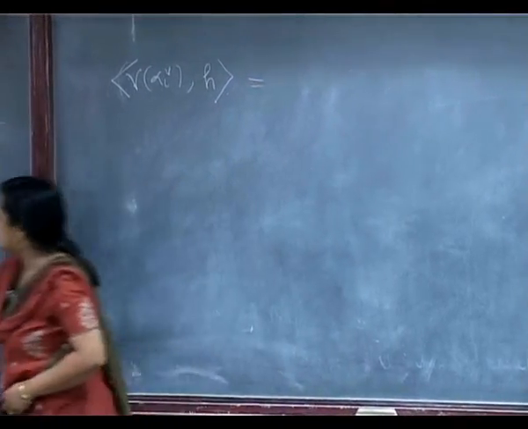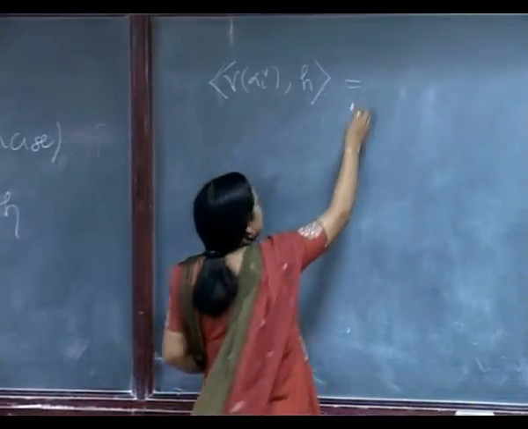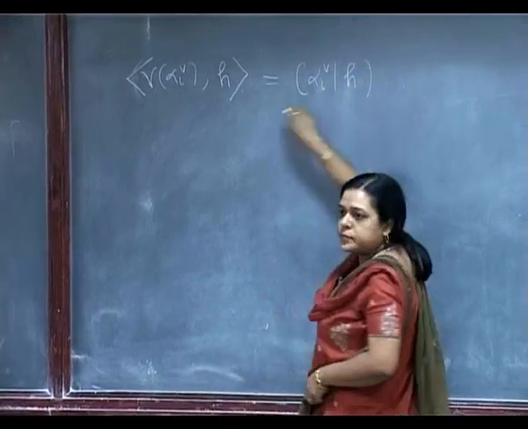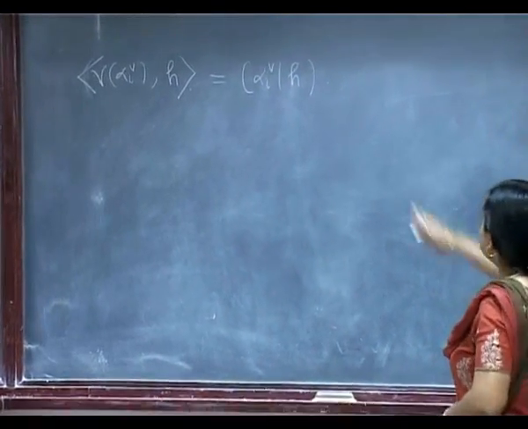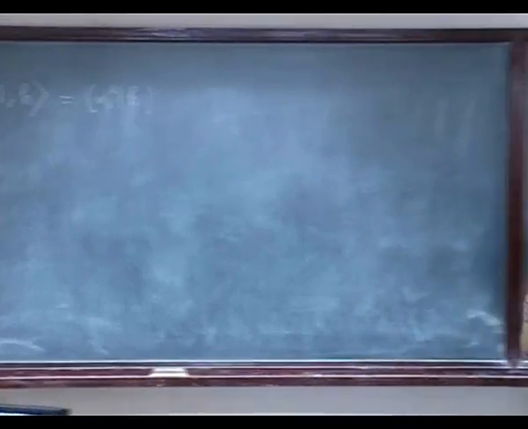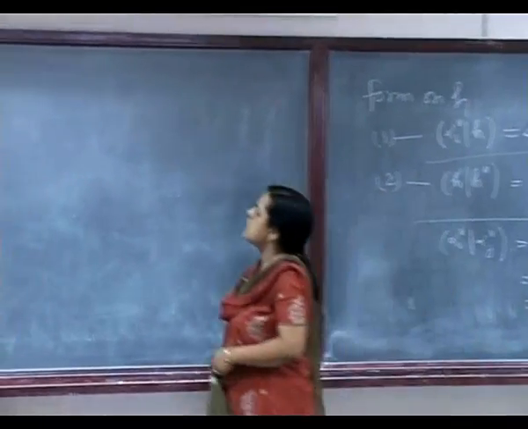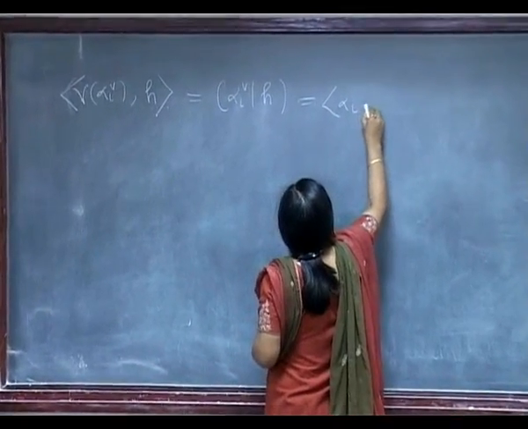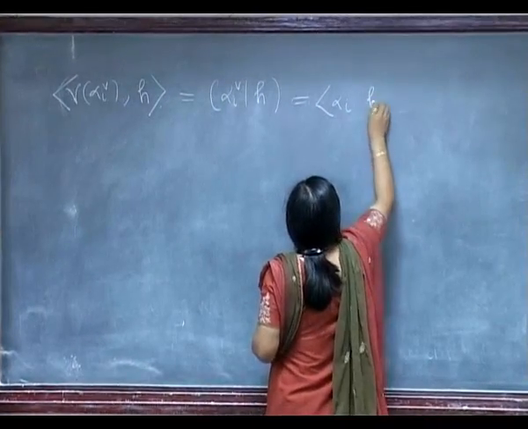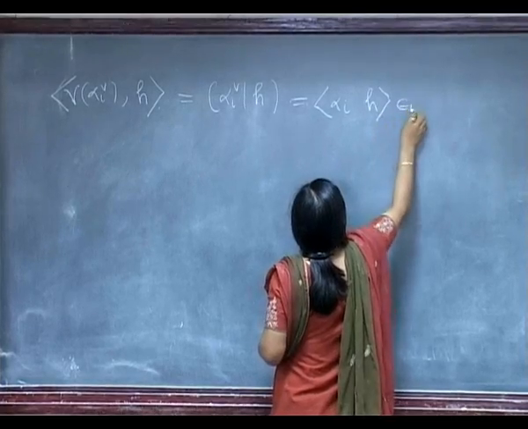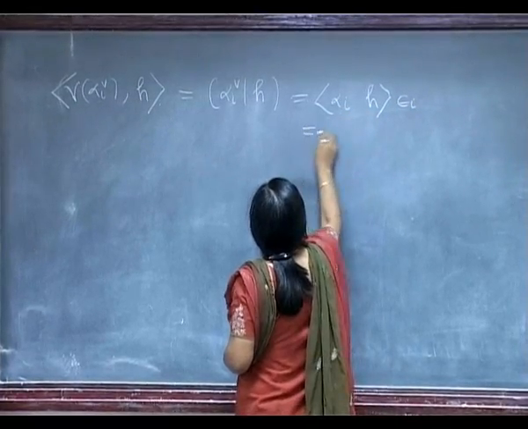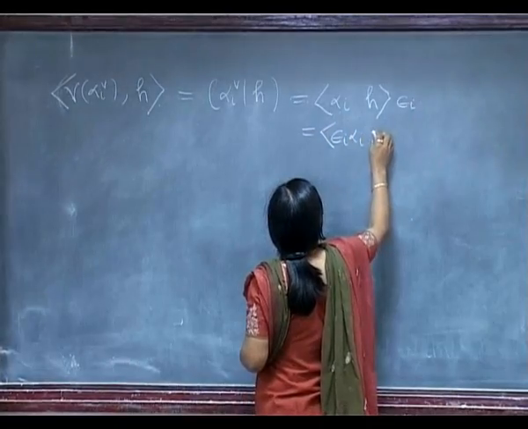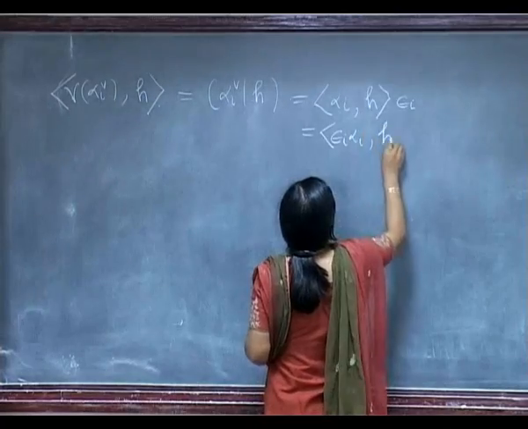This is, by the definition, alpha_i check of h, and we will be using the definition here. So, this is alpha_i of h times epsilon_i, and I can write this epsilon_i here.